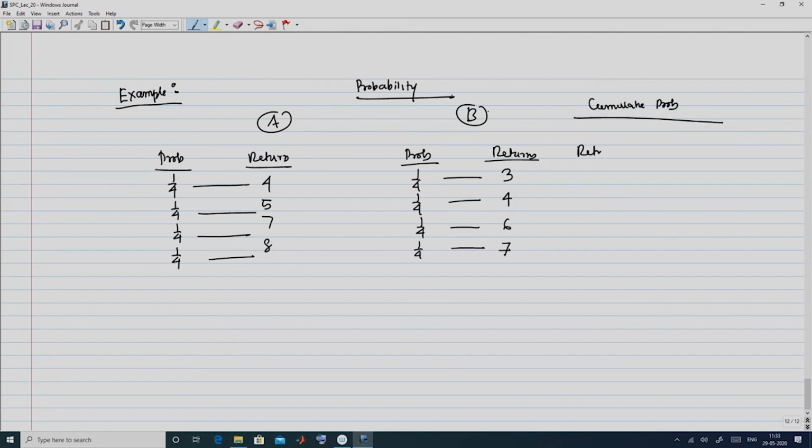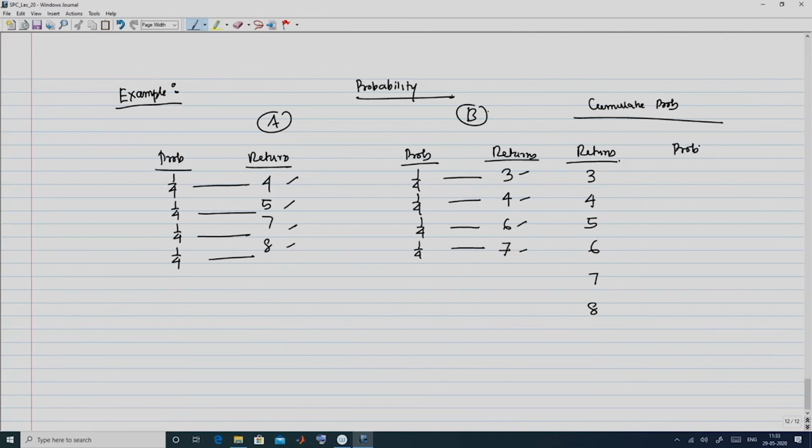For this we have to look at the possible values of returns. So, the possible values of returns are 3, 4, 5, 6, 7 and then 8.